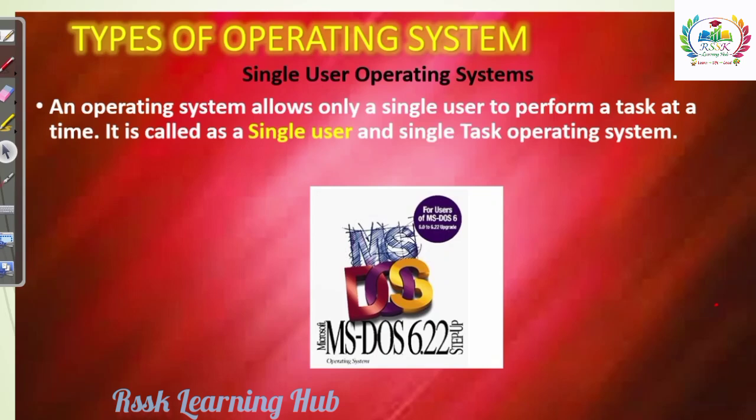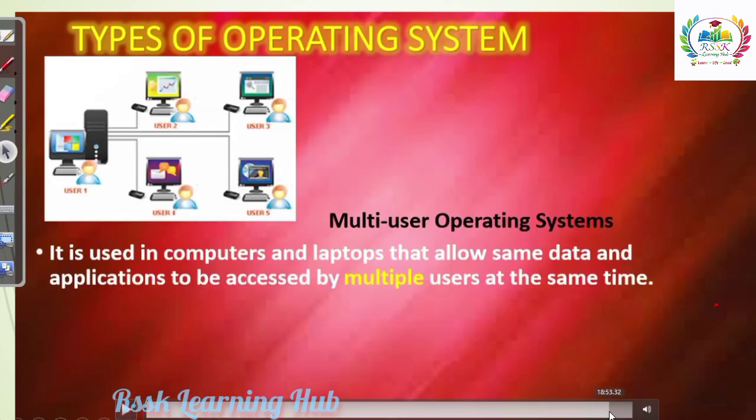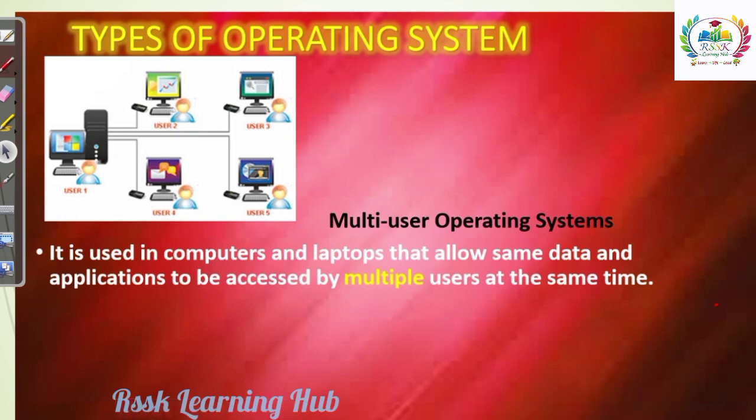The platform is available in pre-designed kits. So that is multi-user. In this multi-user part, the computer and laptop allow the same data and application to be accessed by multiple users at the same time. You have to keep this in your mind very clearly.